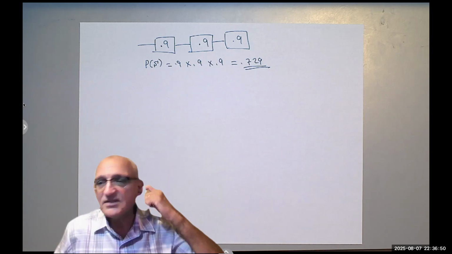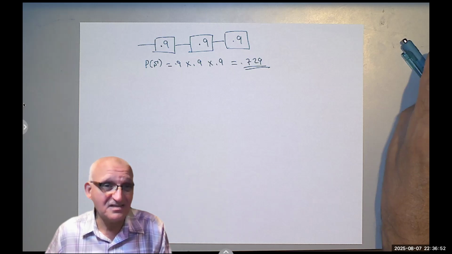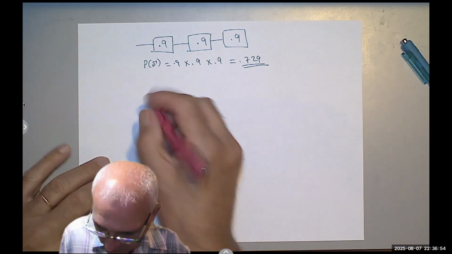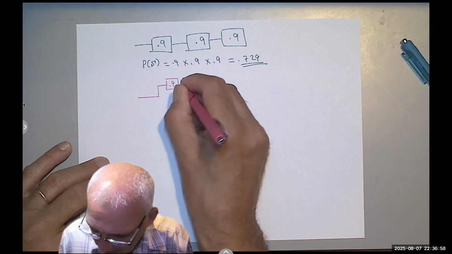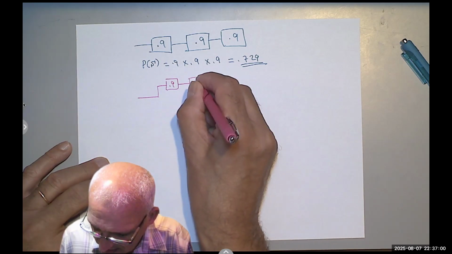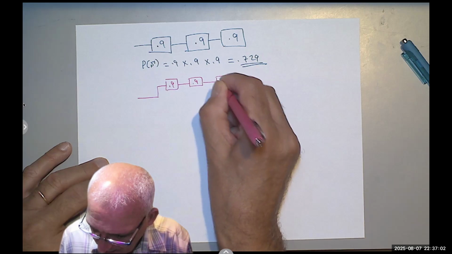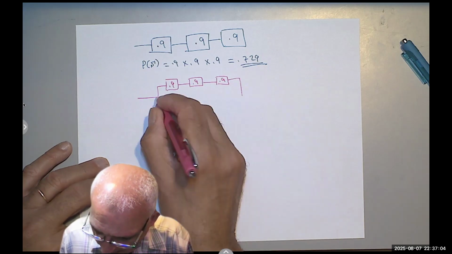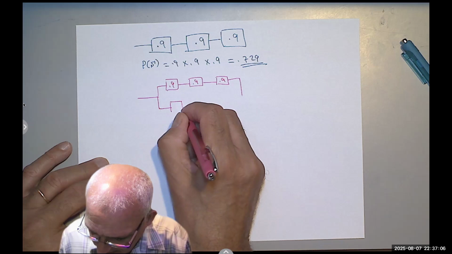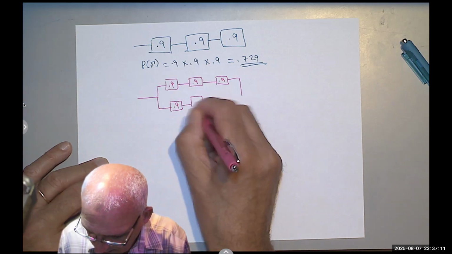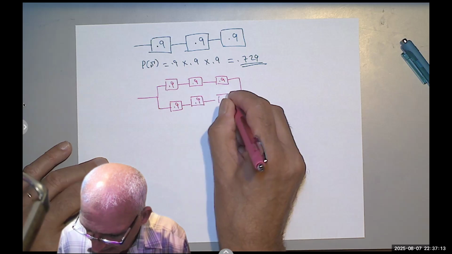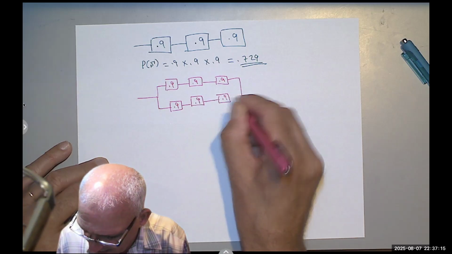So somebody will suggest that you do what we call system-level redundancy. Okay. So you will say, okay, I will take these three, even though they are in series, and I would make another exactly the same system in parallel with it. And we call that high-level redundancy.